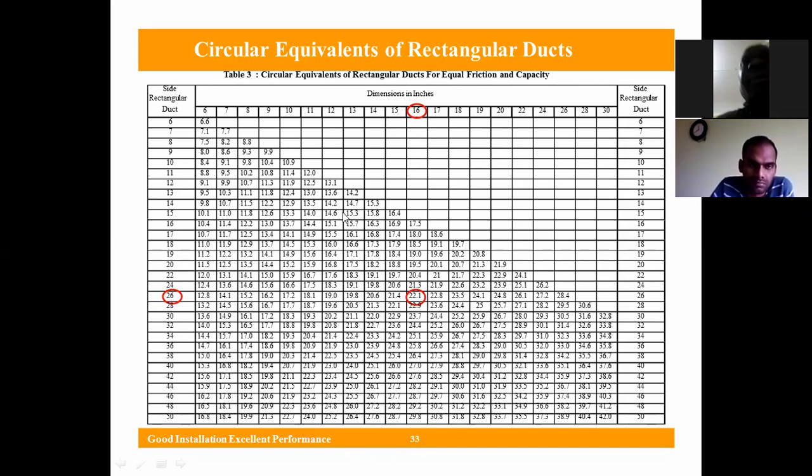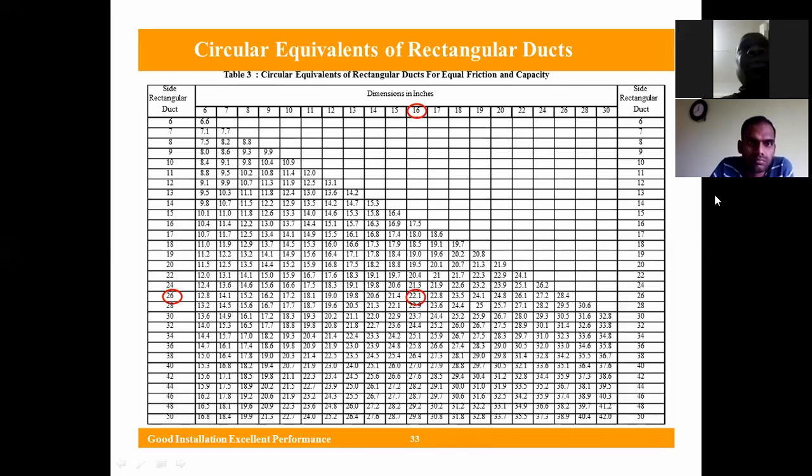You choose 14.9. Choose from this. There is 14.9. You have to choose from that 14.9 itself only.